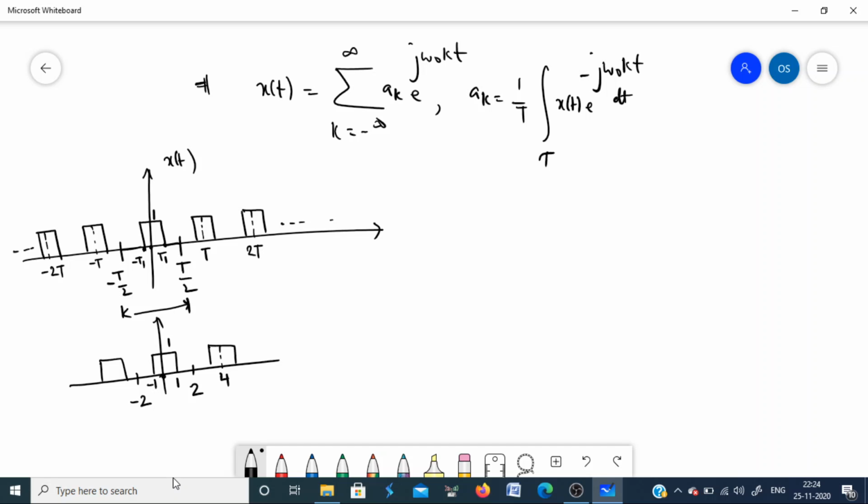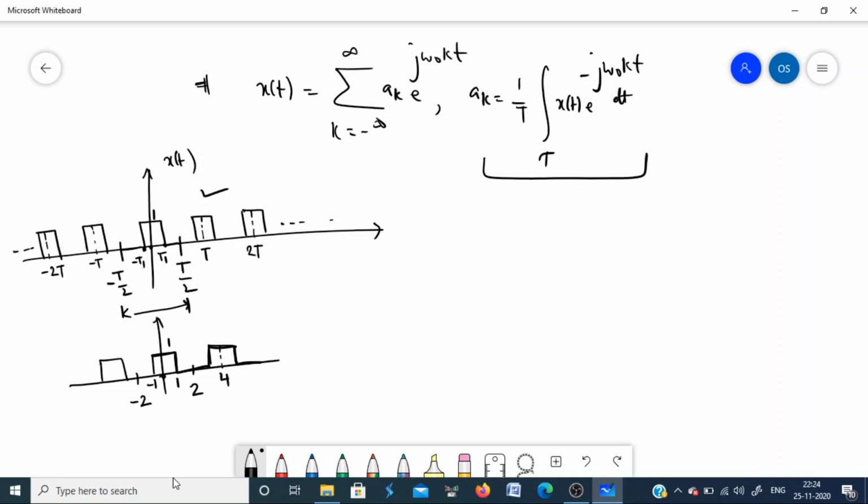So it is a square wave in which for half of the period the pulse is 1, and for the next half it is 0. You can start from this point to this point: this is 1, then 0, then 1, then 0, and so on. But I'm taking this question and I have to find its Fourier series. So I have to find its coefficients ak first.